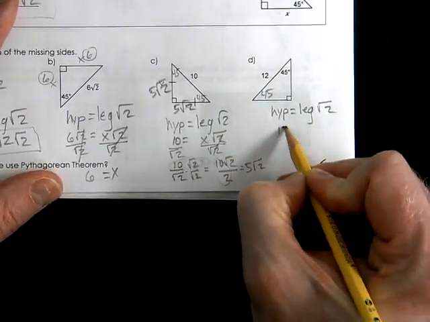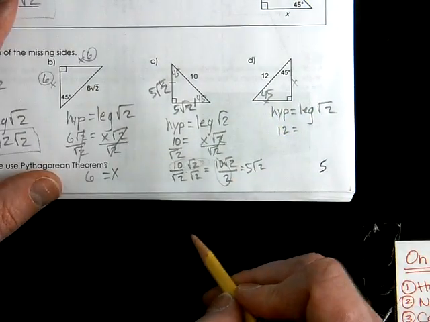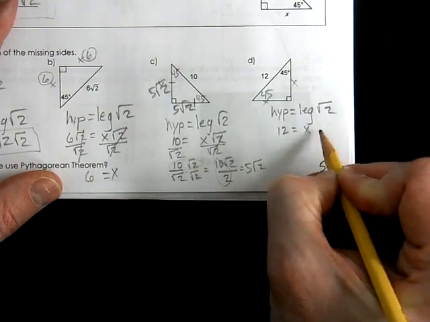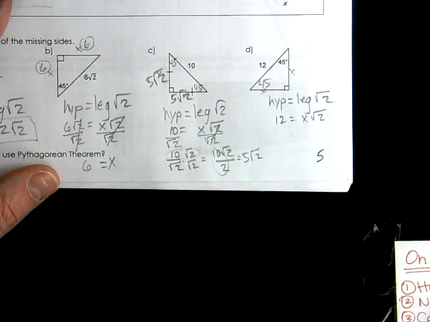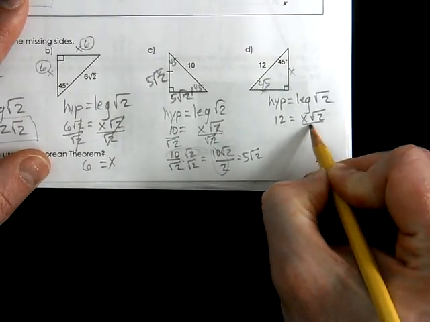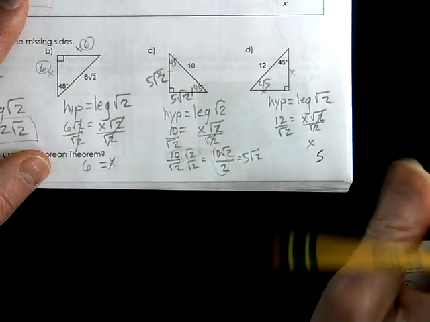My hypotenuse is 12. My legs are unknown. So I need to solve for the x. How would I solve for x? You have to divide by root 2. And that gets my x by itself.